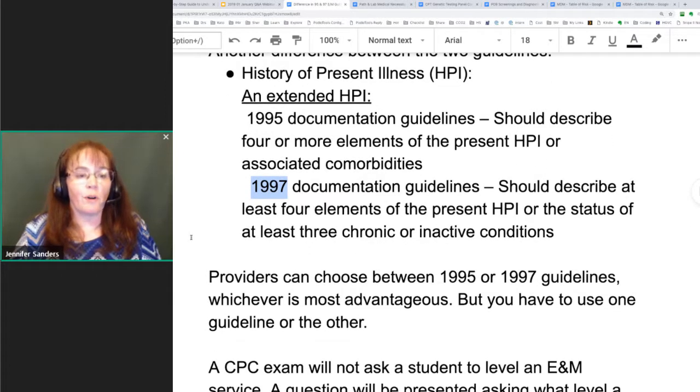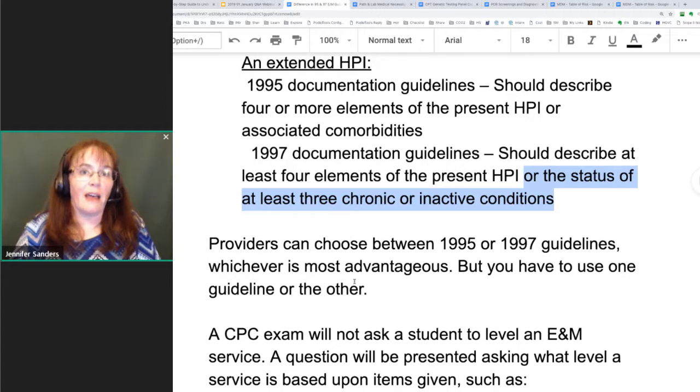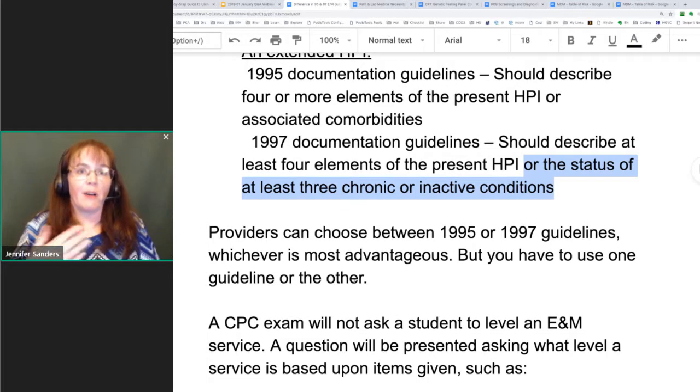You need those 4 or more elements, or the status of at least 3 chronic or inactive conditions. So you think of those cardiologists or the primary care doctor or somebody in that field. They see these people constantly, every month or every 6 weeks or so, for their diabetes, for the high blood pressure, things like that. So if they're following up their 3 chronic problems, then they could meet that qualification as well.